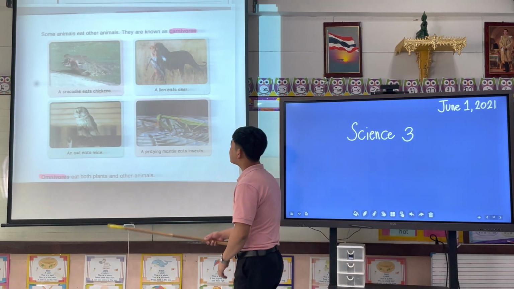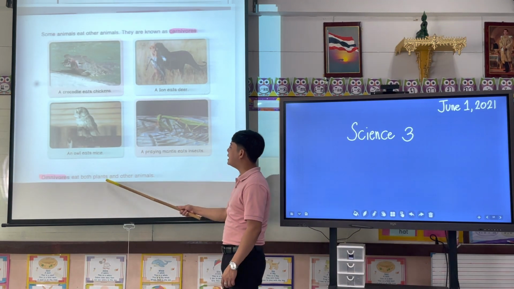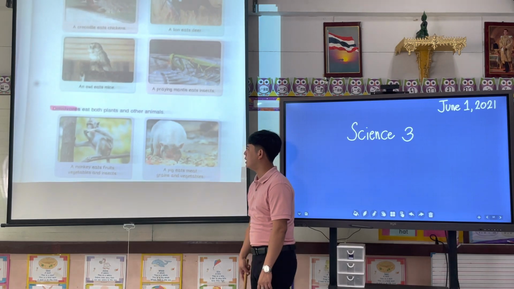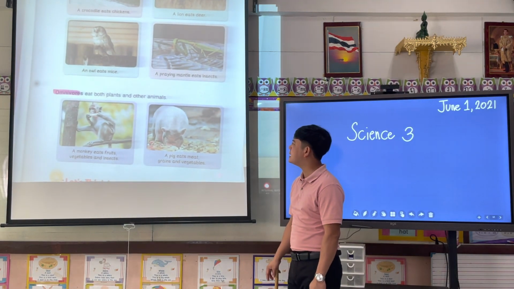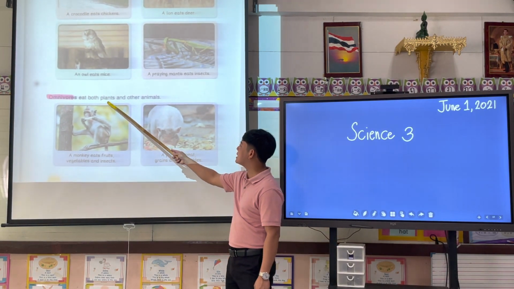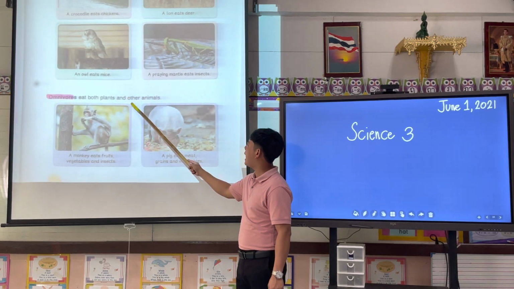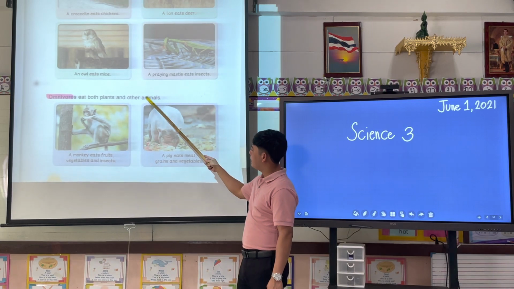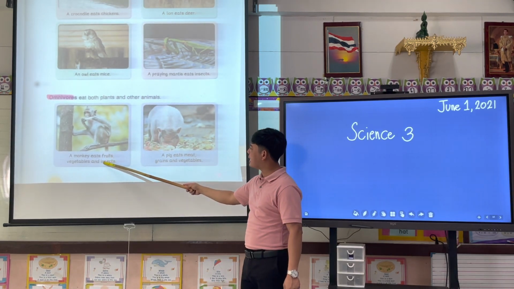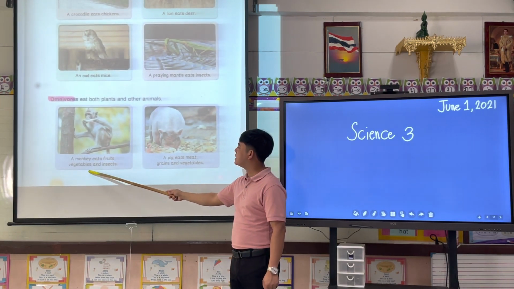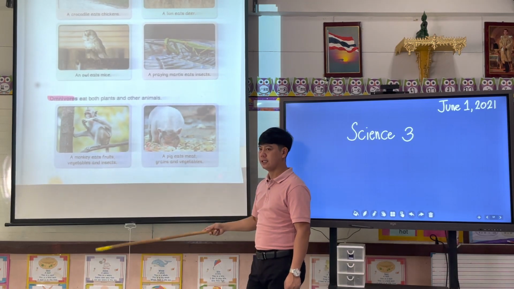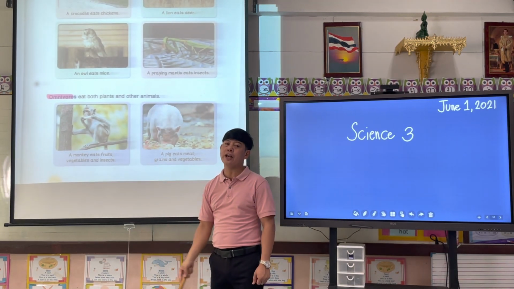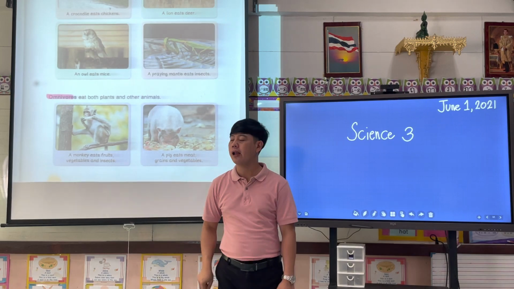Okay. Next, aside from carnivores, is the omnivores. Omnivores means eating both plants and other animals. One example is a monkey, which eats fruits, vegetables, and insects. So a monkey is an omnivore animal.